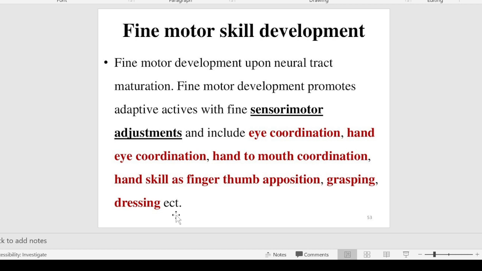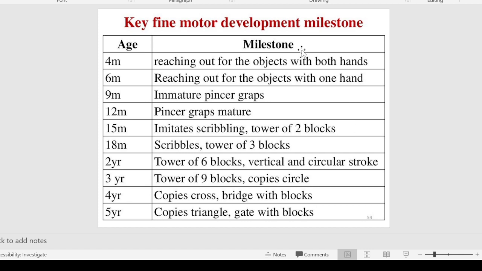Whatever things we do using the hands, we call fine motor development. These are the examples for fine motor development in a child.